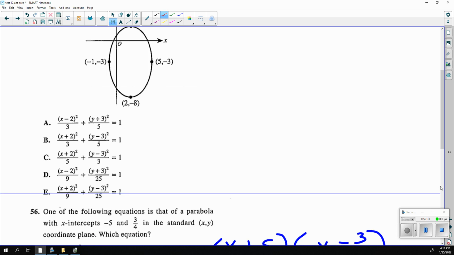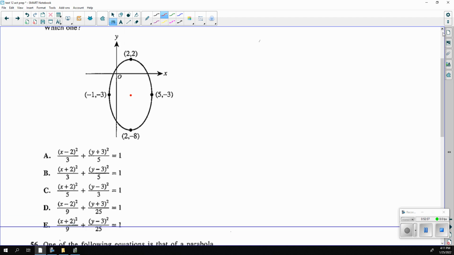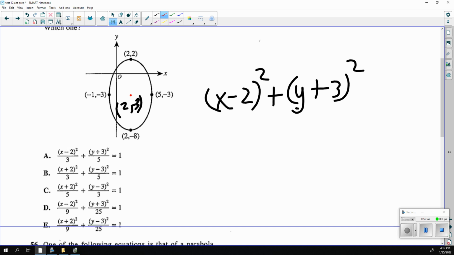Got to find the center. The center is right there. It's 2 and negative 3. So what does that mean? It's x minus 2 squared and y minus 3 squared.